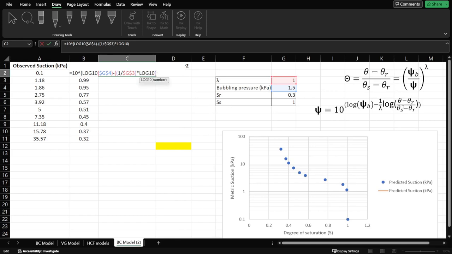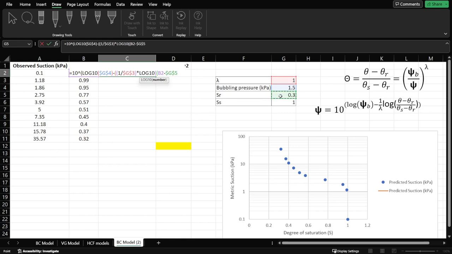Okay, so log at the base 10, then we have this value theta minus theta r, or we can use S minus SR upon SS minus SR. Fine. So the value of S is provided in this B column, right? So we can write B2. Let's put a bracket. We can write B2 minus the value of theta r or SR, which is written here.